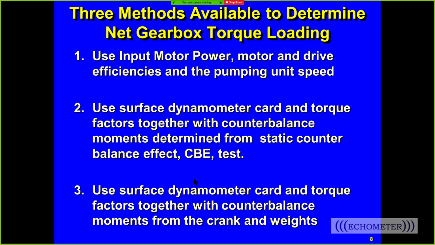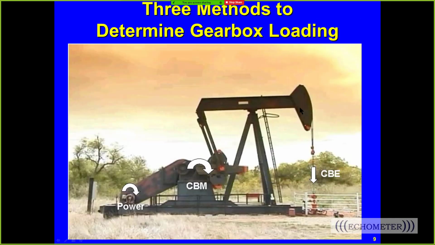Then the rod torque minus the counterbalance moment gives us a net torque. So those are the 3 different methods that we use, and we'll talk about each of these in the coming slides.